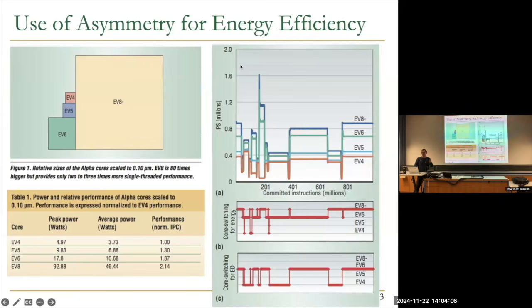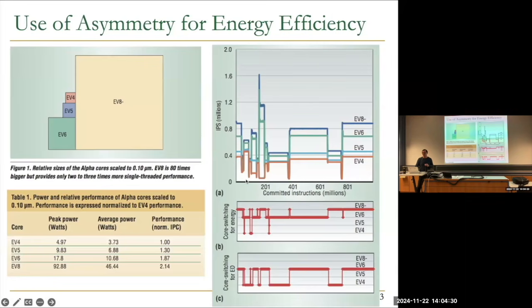Now, one way of utilizing these cores, assuming you've implemented all of them on your chip, since you already designed them in the past, why not put all of them in your chip, right? That's one way of easing the design of heterogeneous cores. Now, what you can do is monitor what kind of performance you get on different cores for different phases of an application. And this is one application, I don't remember which one, but you can read the paper.